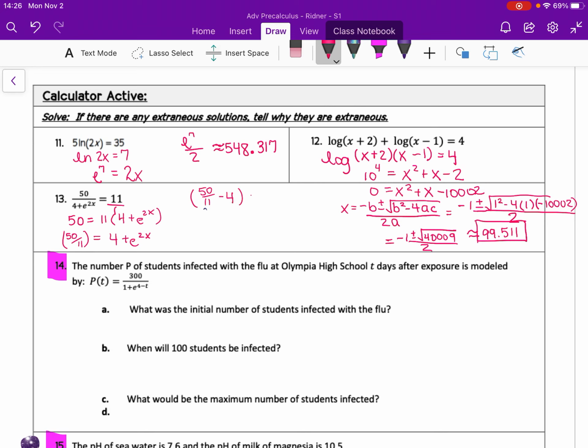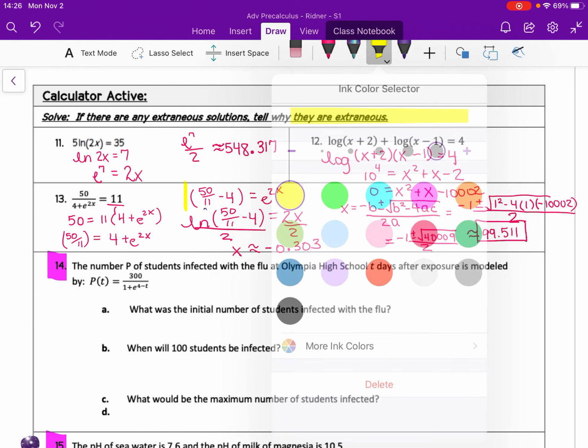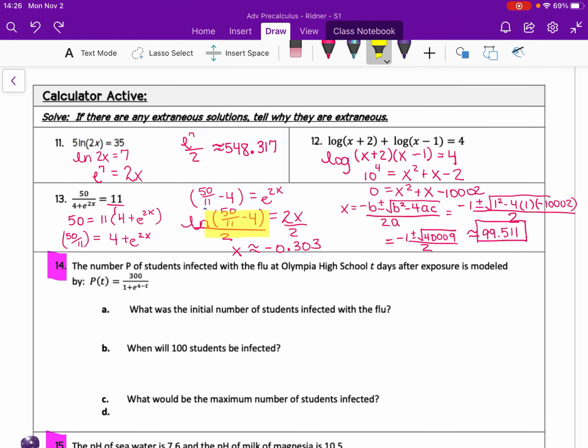So then I do ln of 50 over 11 minus 4 equals 2x, divide by 2, so that I get x is approximately negative 0.303. So I would type all of this in my calculator to get that.